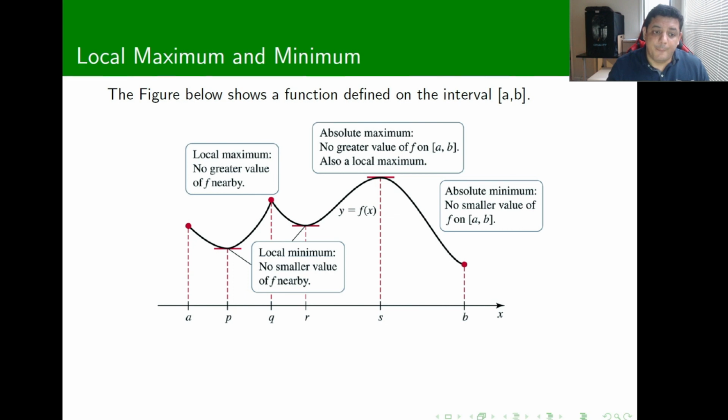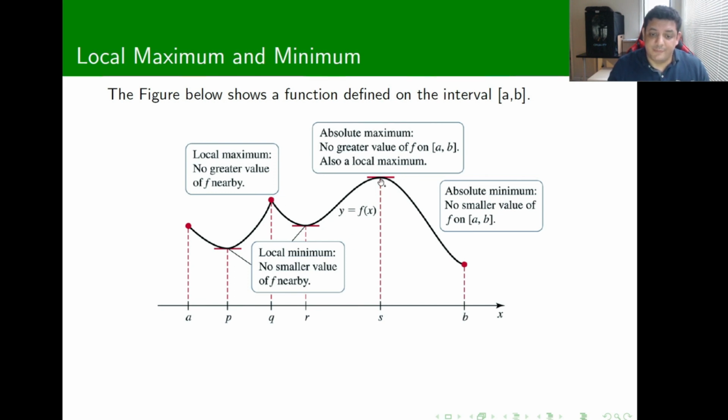But it's not the absolute minimum. The actual absolute minimum is going to be f of b, because this value is lower than any of these peaks that would normally be a minimum. Now, in terms of maximums, notice that potentially this Q is a local maximum, right?